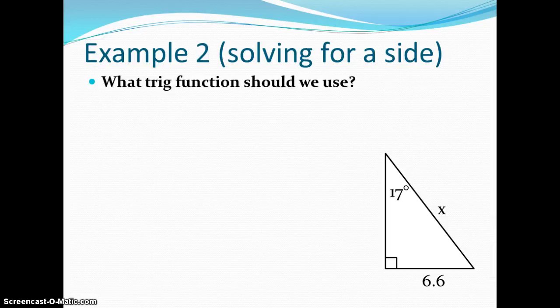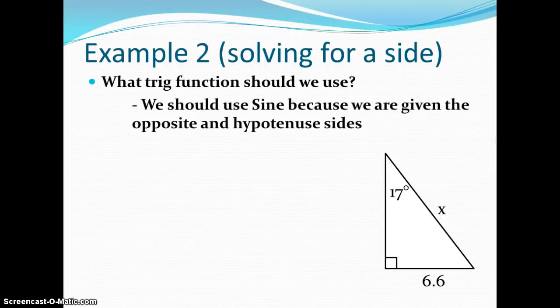Example 2, solving for a side. So we have our picture, and what trig function should we use? So we have 17 degrees and we have two sides, one is 6.6 and one is x. So when we look at it, we're going to be using sine because we are given the opposite and hypotenuse sides.